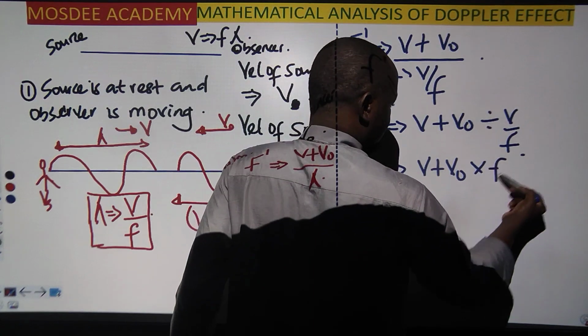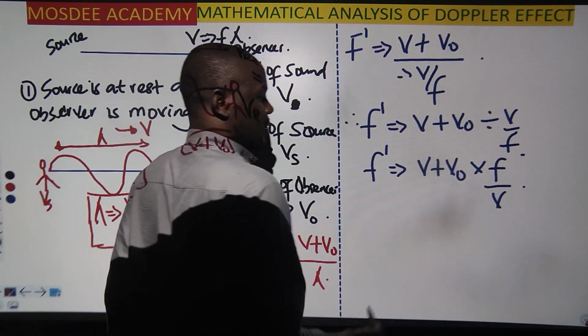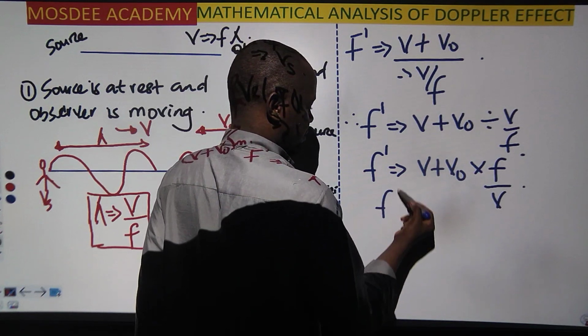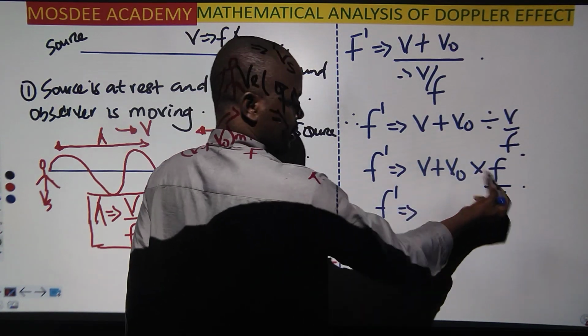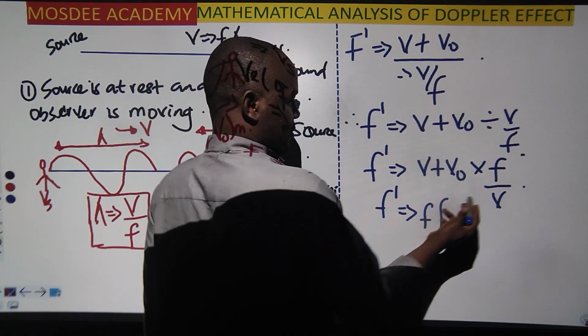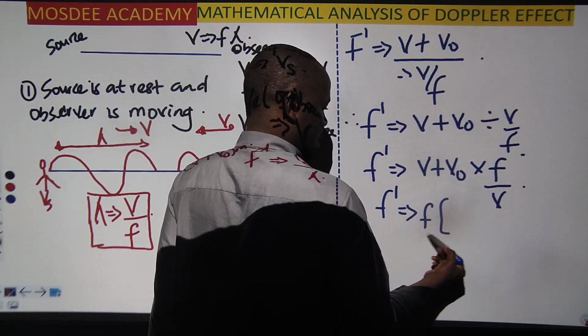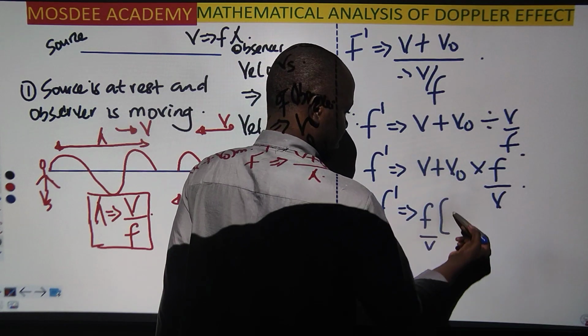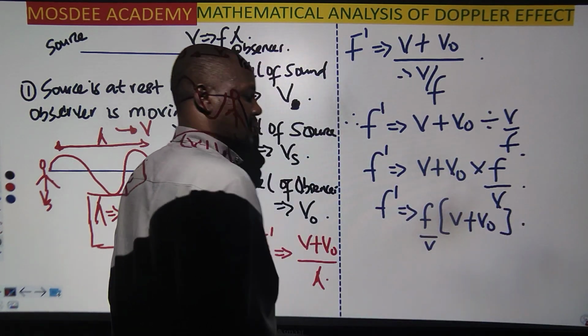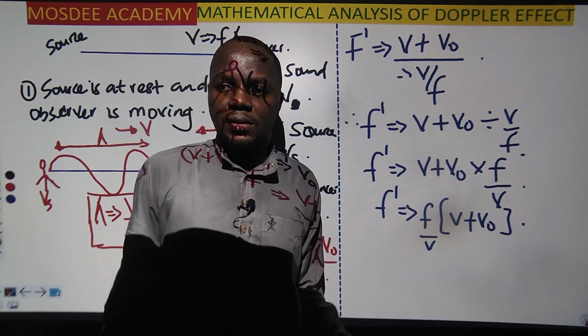So this is the expression you're going to have: F dash is equal to F outside, multiplying V plus V naught over V, which you can still reduce however you want. So this will be the frequency.